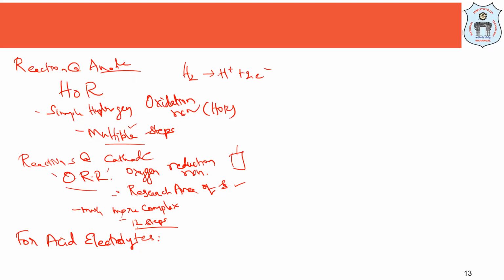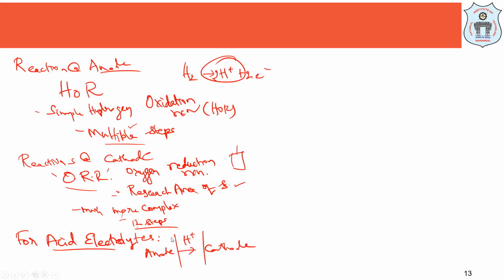So the H plus ions will pass from the anode side to the cathode side through the acid electrolyte.